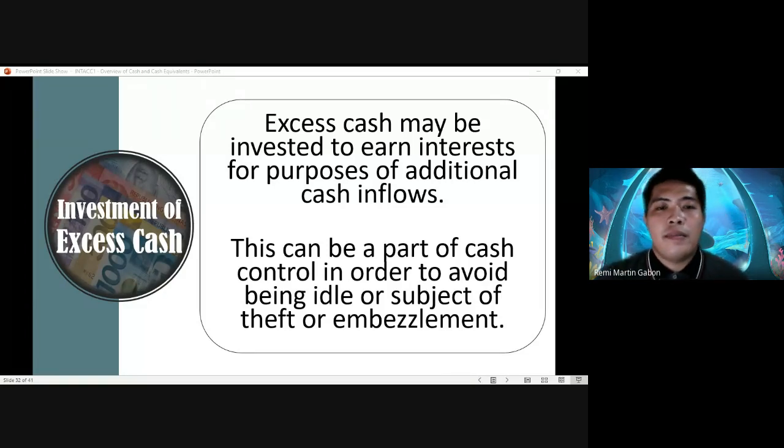That is also the negative side of cash being the most liquid asset. Sa positive side kasi nga immediately accessible siya, pero sa negative side pwede siyang ma-subject to theft or embezzlement. But I'm not promoting such practices.